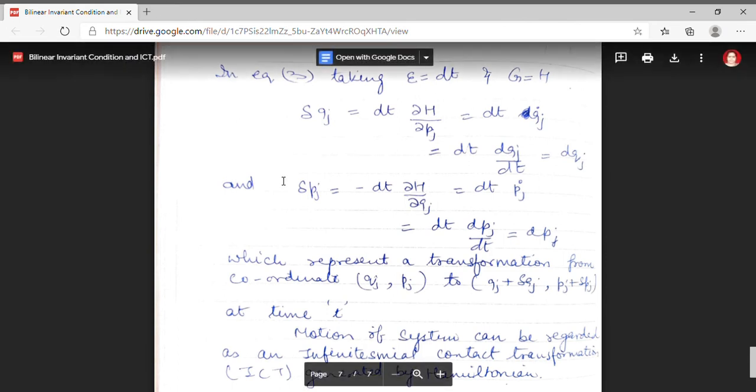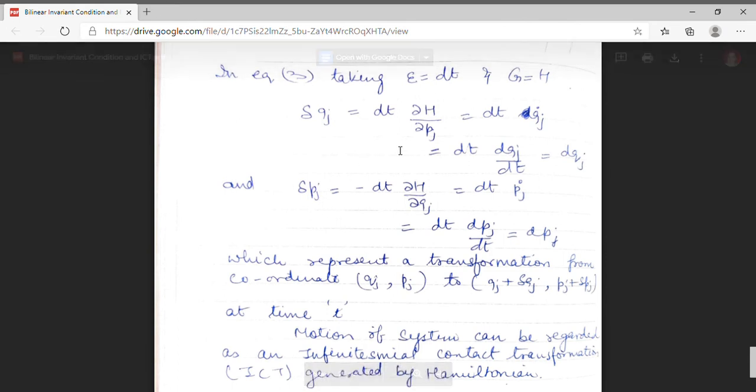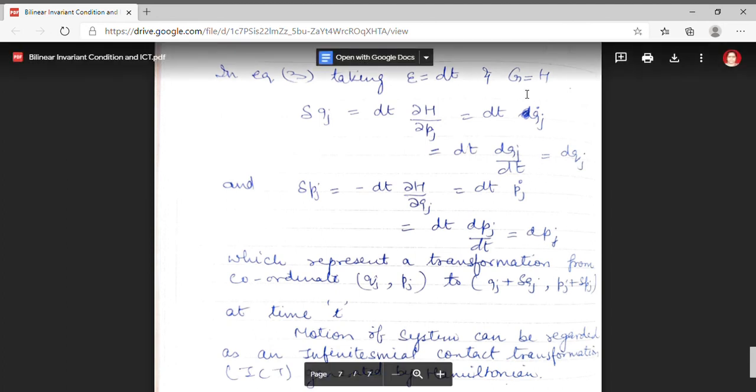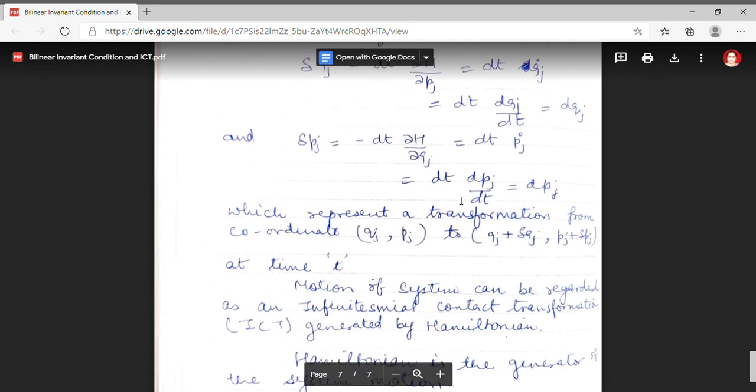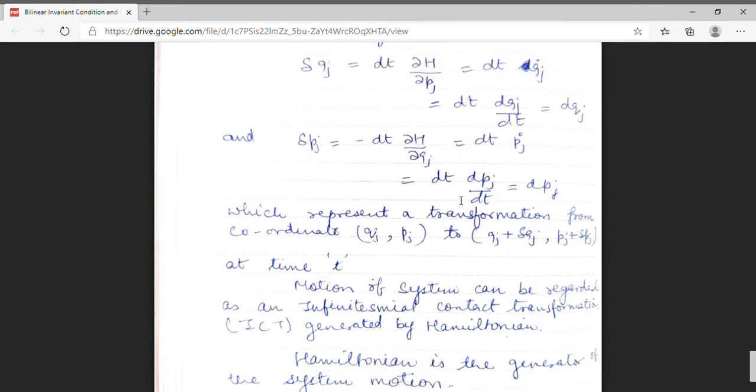Similarly, the variation in pj comes out to be the exact change in pj. This is obtained by taking our generating function to be equal to the Hamiltonian. Hence, we can say that infinitesimal contact transformations are generated by the Hamiltonian. That means the Hamiltonian is the generator of system motion.